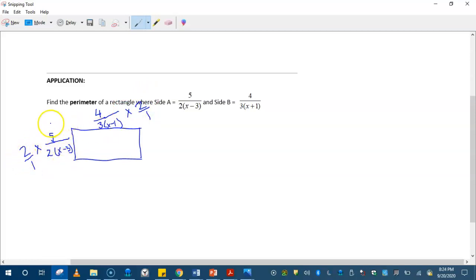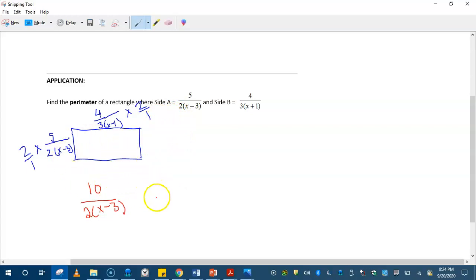So I'm just going to change this to a 10 because it's two sides, right? So I'm going to change this one to a 10 over 2 times x minus 3. And this one would be an 8 over 3 times x minus 1.